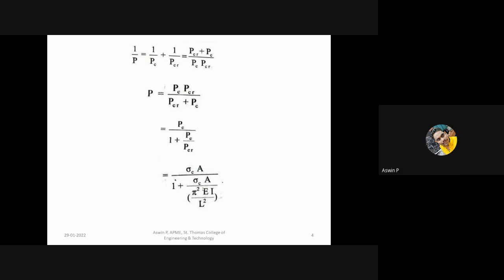After that, when we are adding these terms, we will get PCR into PC divided by PC into PCR. And when we are dividing all terms with respect to PCR, we will get PC divided by 1 plus PC by PCR. And substituting the values of PC as well as PCR in the equation, we will get the equation as such.